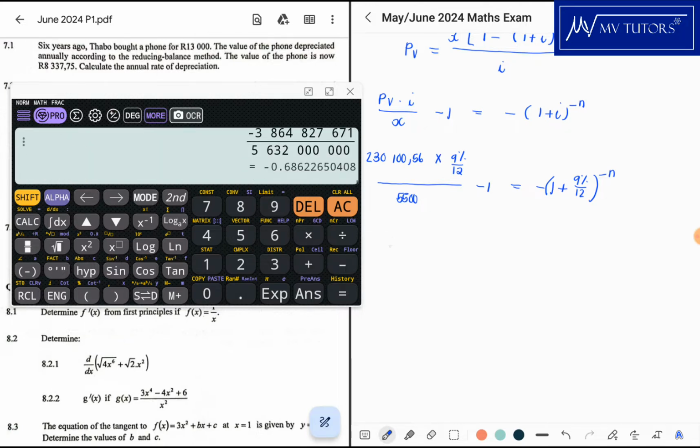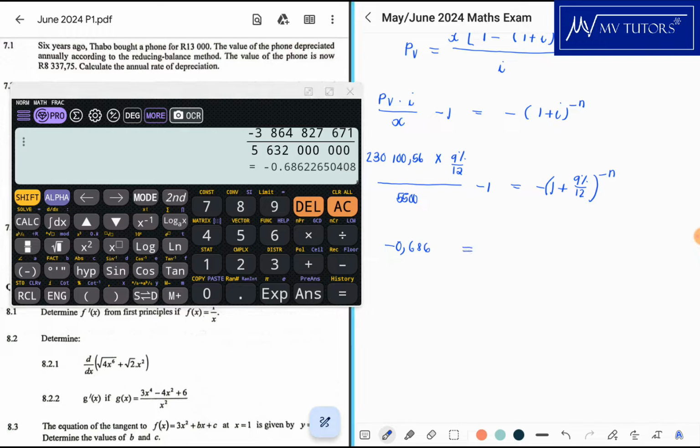Okay, so I have negative 0,686. I'm just going to leave it at that and save the answer, so I can say shift store A. So the value of A is that amount, negative 0,686.